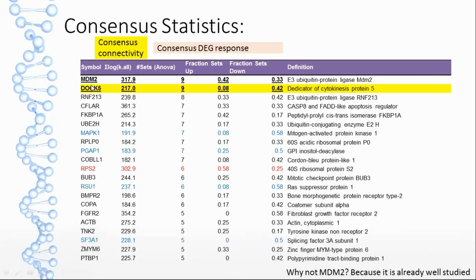A novel gene for which there were no real publications or studies found with respect to influenza is DOG5, so we focused on DOG5 and looked at how it is involved in the influenza life cycle. All the studies now work on the hypothesis that DOG5 is a host factor and modulates other host factors in this influenza life cycle.